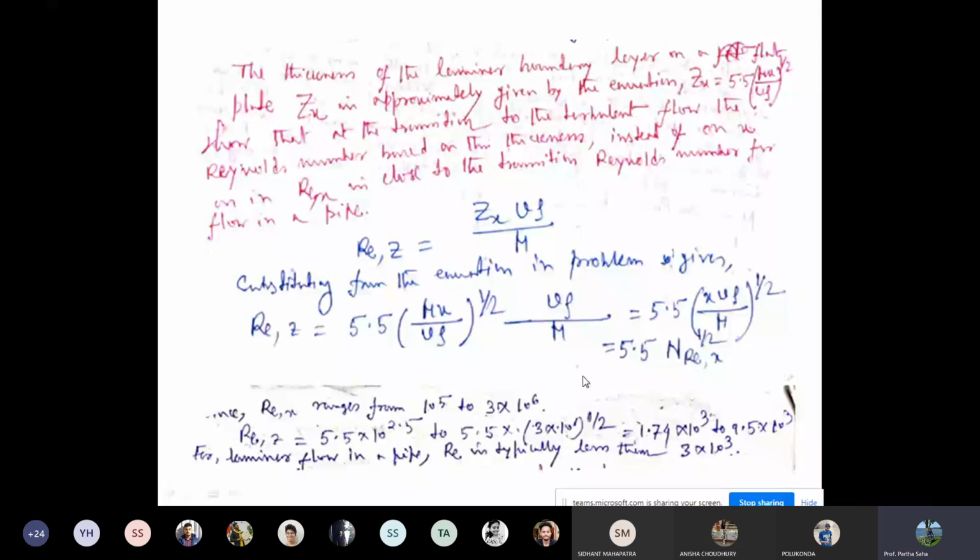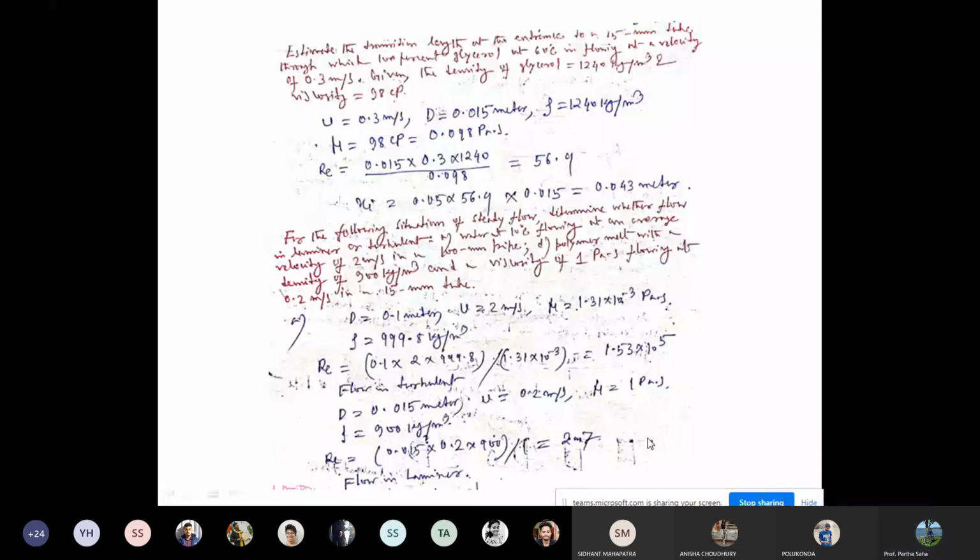So this number, of the order of 10 to the power 3, lies within the transition region, or you can say the laminar region.